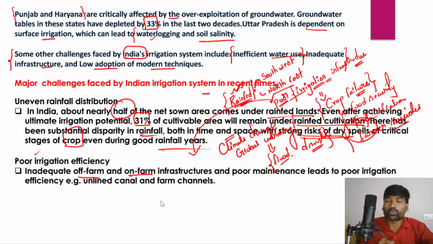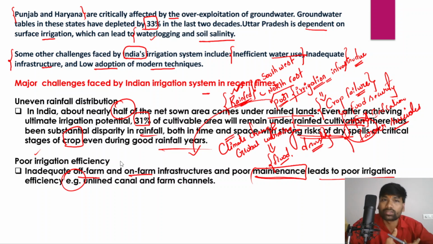And even where we have off-farm and on-farm infrastructure, poor maintenance of the existing infrastructure often leads to poor irrigation efficiency, right? For example, silt in the canals reduces the water carrying capacity of those canals and rivers. So all those things are major problems, right? So these are some of the challenges.